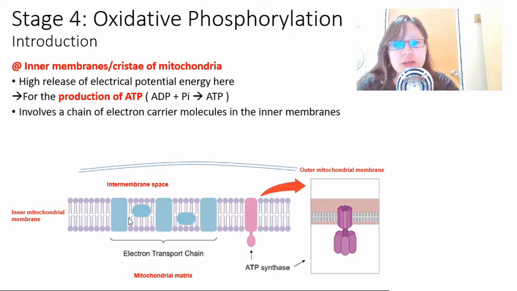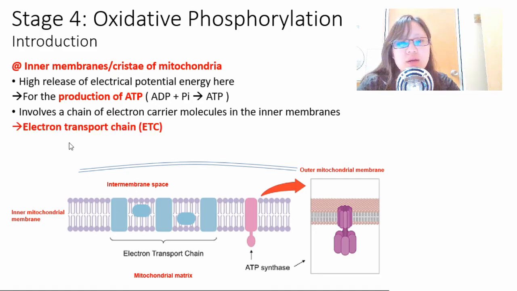These electrons are transported by electron carrier molecules. You can see here there are 5 different electron carrier molecules, and together they make up the electron transport chain, or in short, ETC.